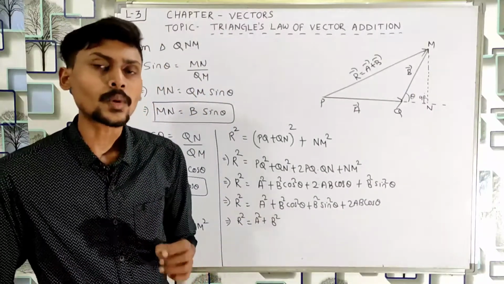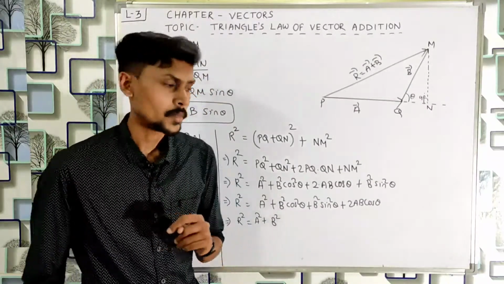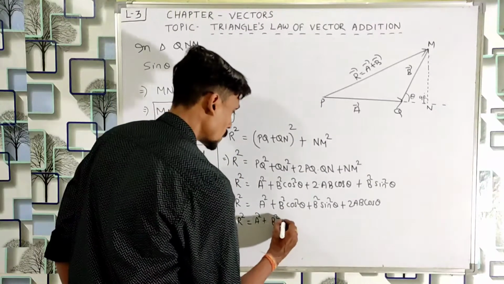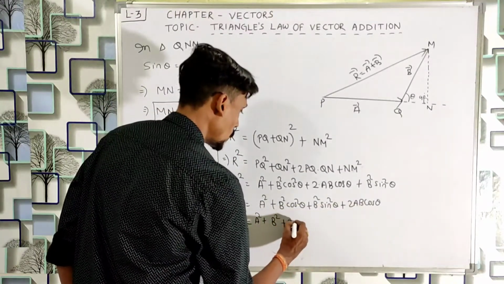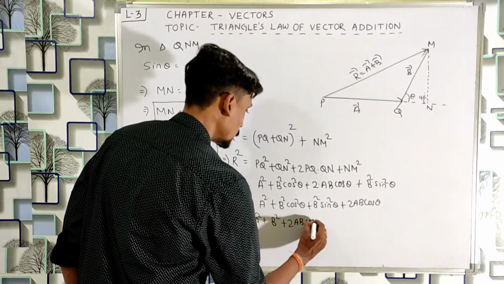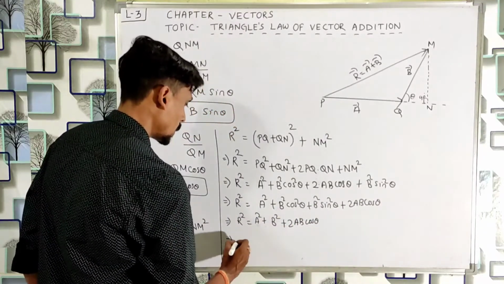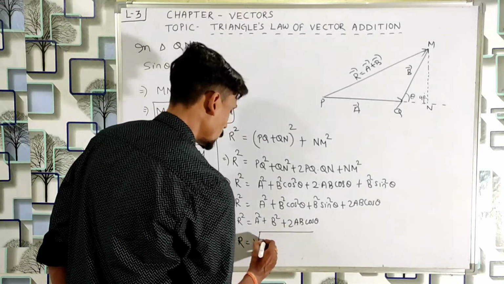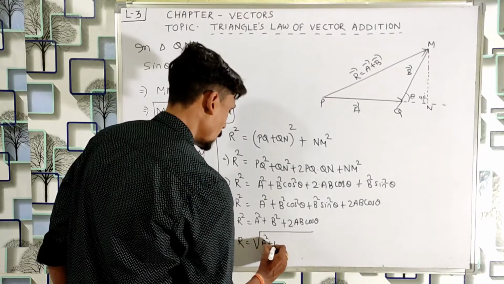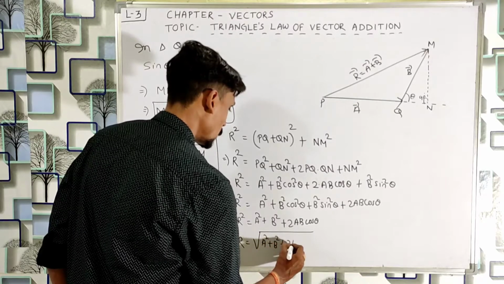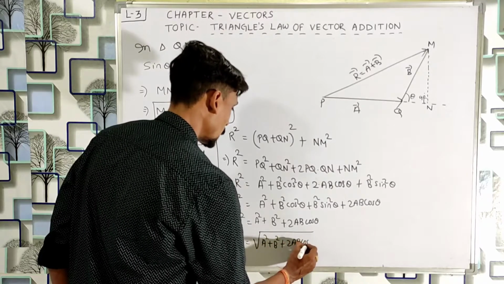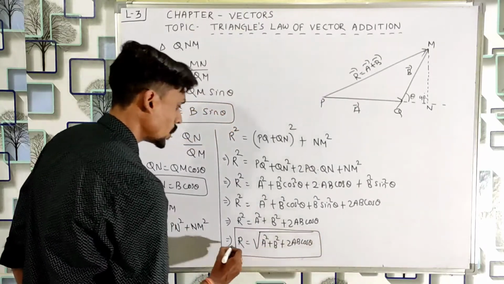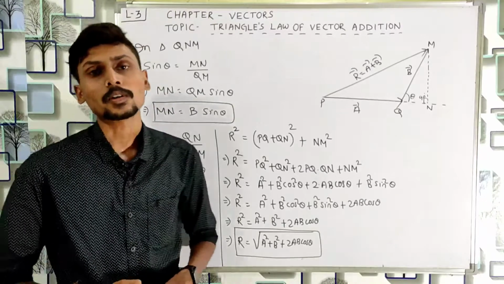And we know that cos square theta plus sin square theta is 1. So B square into 1 will be B square plus this term 2ab cos theta. That implies r equal to square root of A square plus B square plus 2ab cos theta.